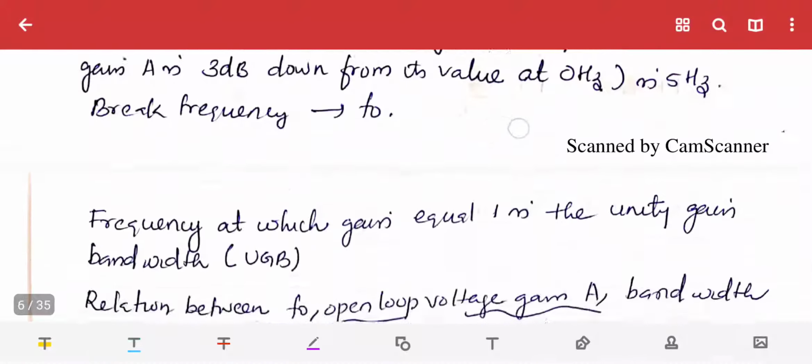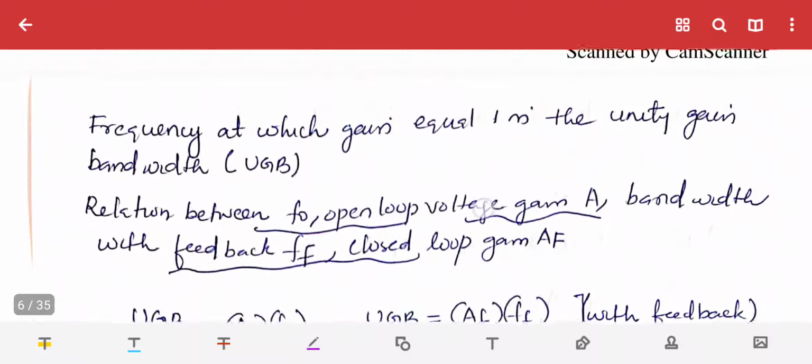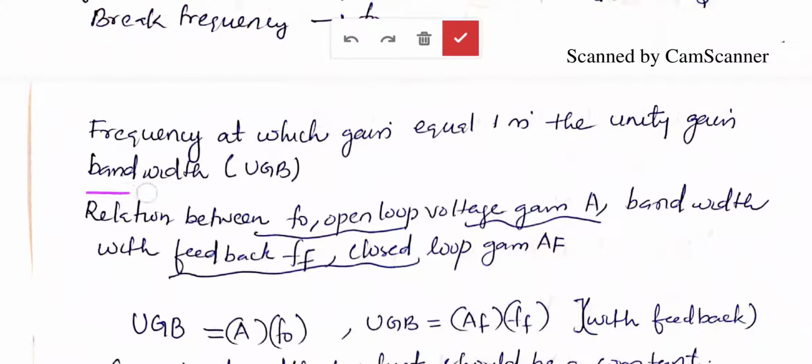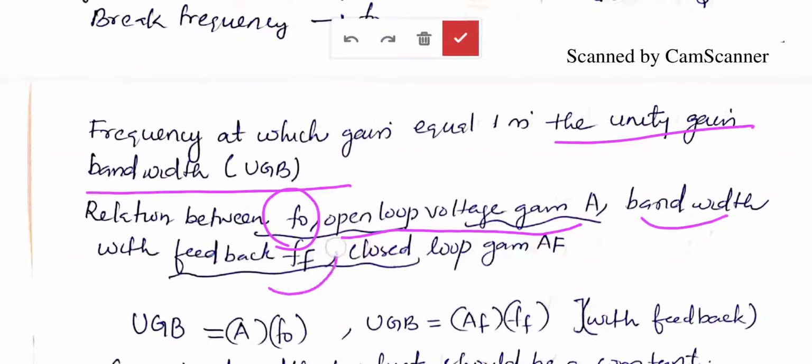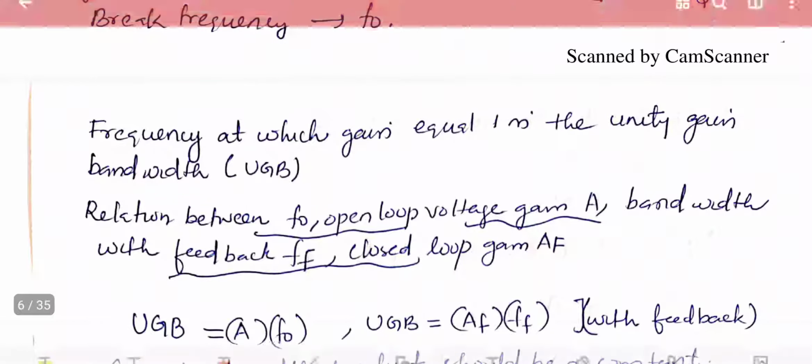The frequency at which the gain becomes 1 is known as unity gain bandwidth. So the relationship between the break frequency F1, open loop voltage gain A, bandwidth with feedback FF and closed loop gain AF is given below.